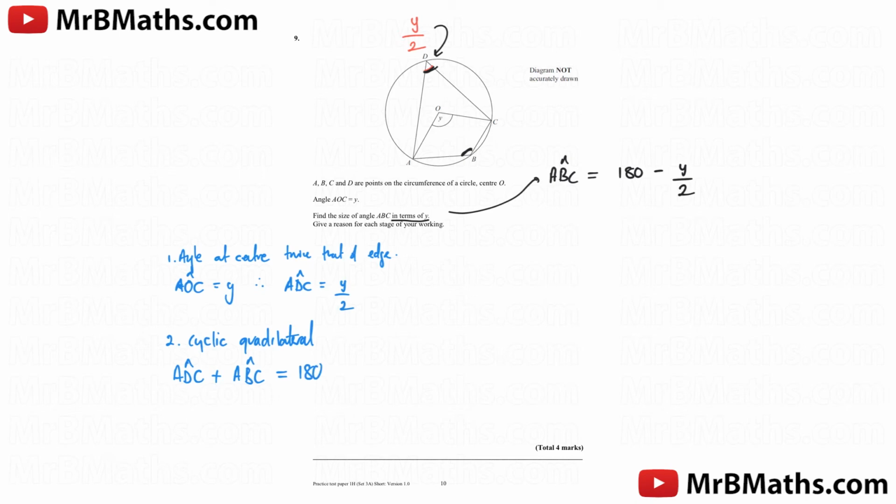Well, we knew that angle ADC was y over 2, so we just substituted that as follows. And therefore from algebra to find this, we have y over 2 that we need to get rid of. So therefore ABC is 180, take away y over 2.